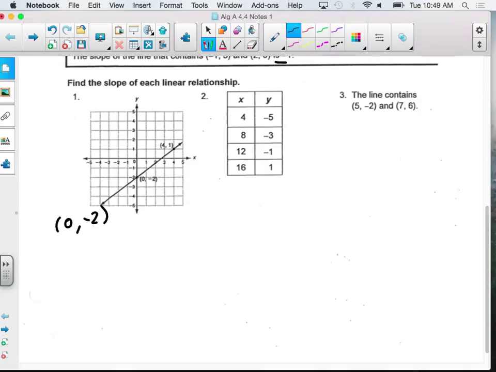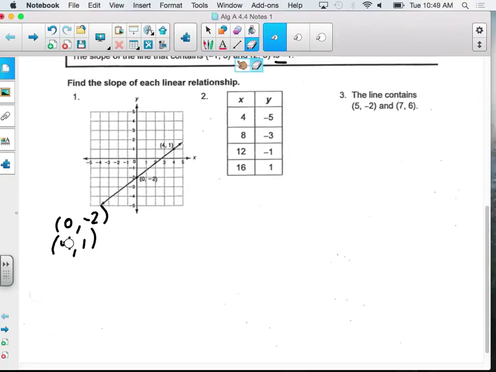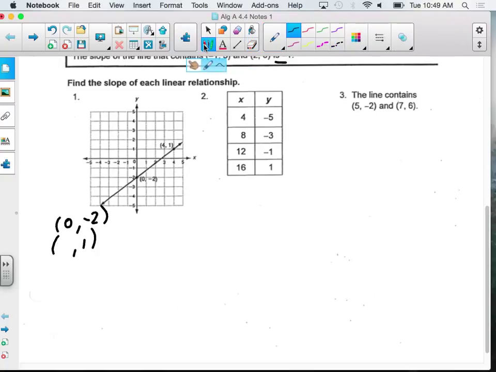And then what's our other one? 4, 1. Alright, so we have 2 ordered pairs. Next, we have to decide which one is going to be our first ordered pair and which one's going to be our second one. So someone tell me which one do you want to be first? 0, negative 2. Okay, we'll say this one's first. And then this one will be second.